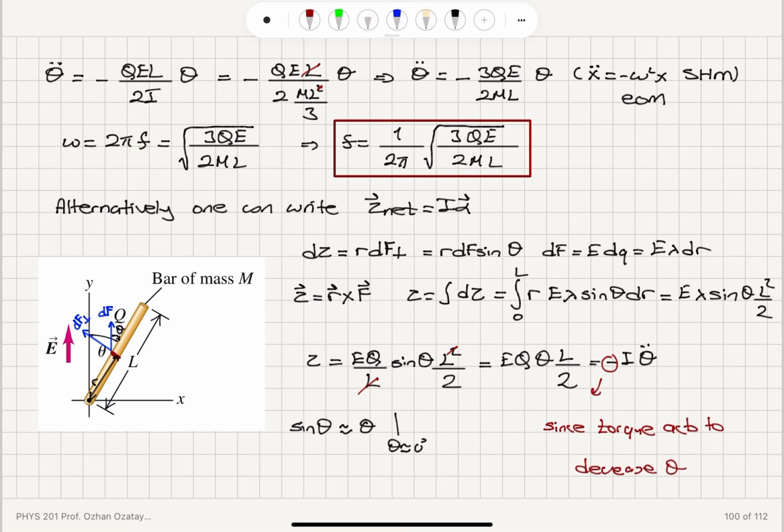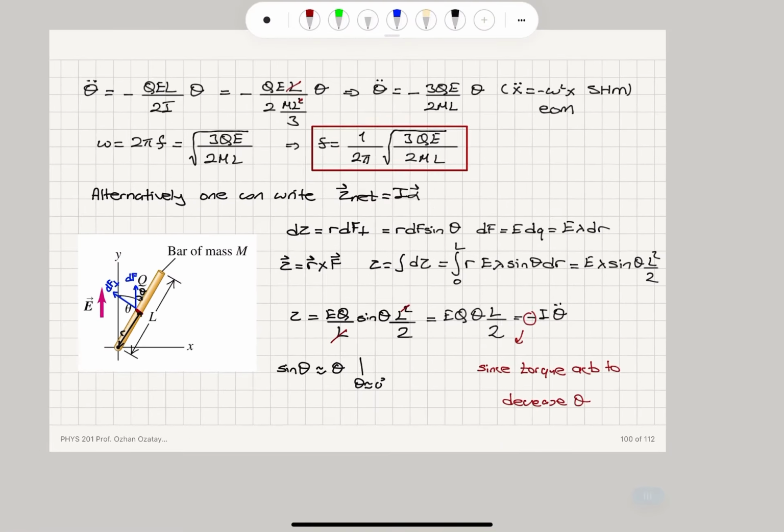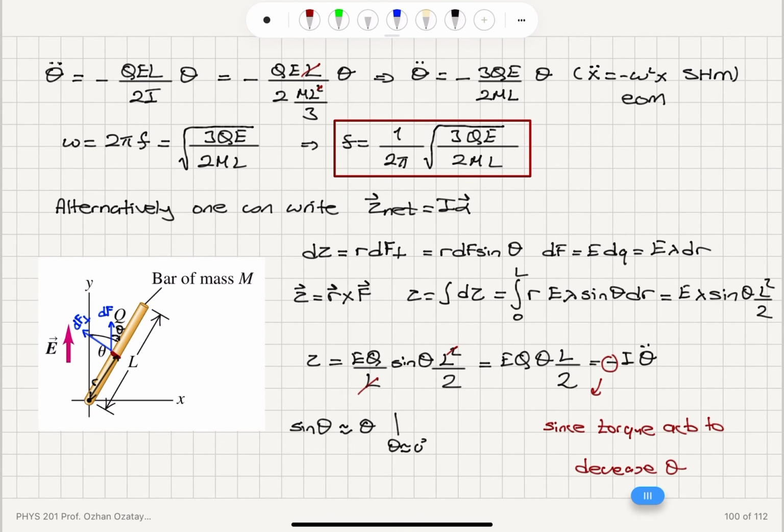Alternatively, we write the torque r cross F for each charge element on this bar. We see that this force has a perpendicular component, which is dF sine theta. For the force, we write E times dq, where dq is lambda times dr, where lambda is Q over capital L for uniform charge distribution.